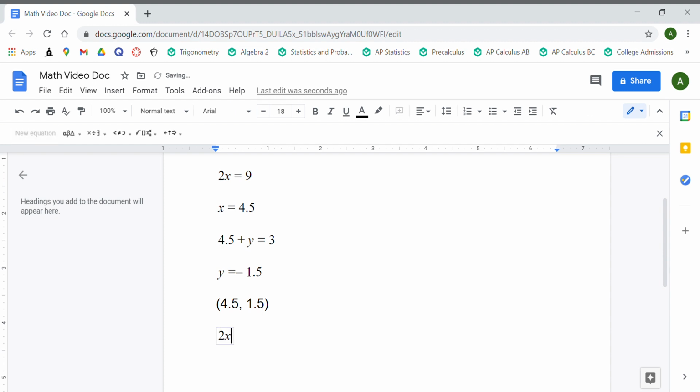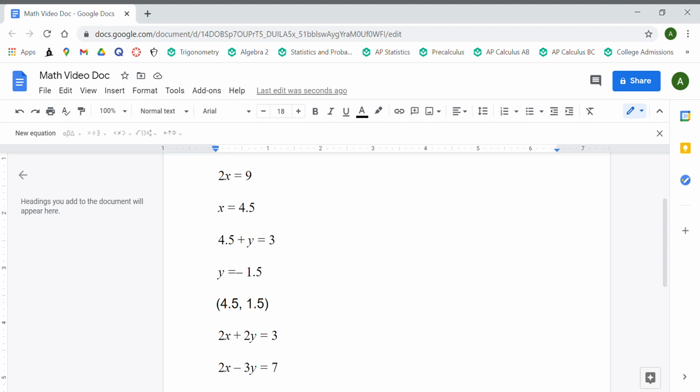How about 2x plus 2y equals 3 and 2x minus 3y equals 7. Now you might be thinking, no, those don't cancel each other out. Well, I'm going to give you a hint.